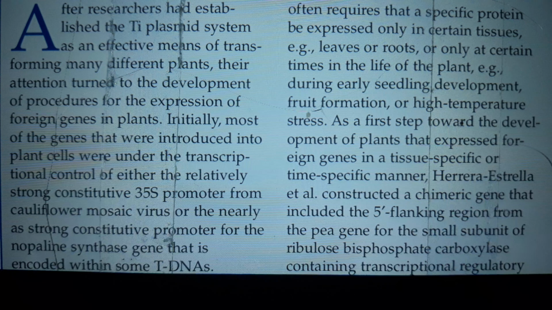However, the development of plants with useful new and modified traits often requires that a specific protein be expressed only in certain tissues, for example leaves or roots, or only at certain times in the life of the plant, for example during early seedling development, fruit formation, or high temperature stress.